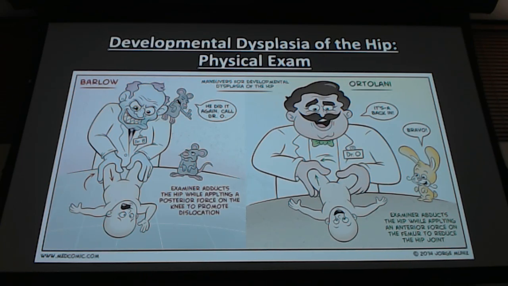Then with the Ortolani here, you're reversing that motion, so you're abducting the legs. They're still in that same position we just talked about, and then you're trying to swoop and scoop the head of the femur back into the acetabulum. Almost like a frog leg thing. So again, Barlow will dislocate the patient, Ortolani will reduce the dislocation.